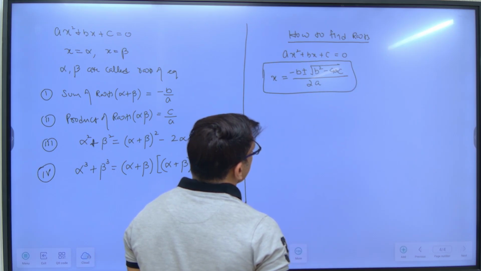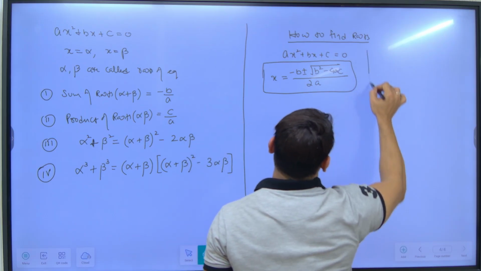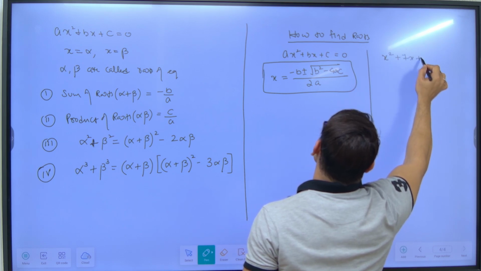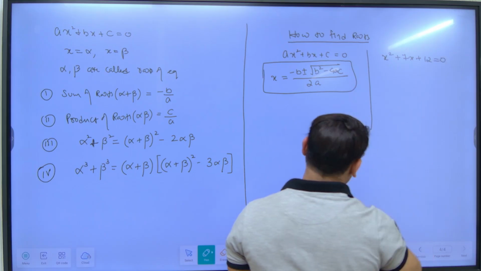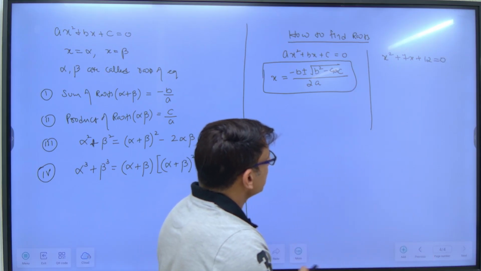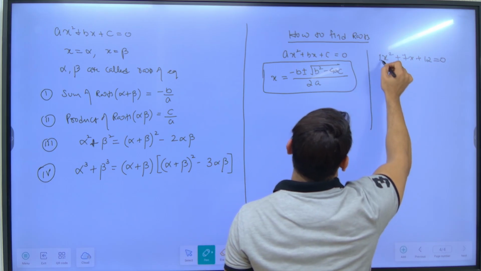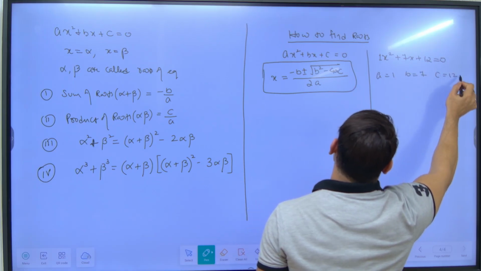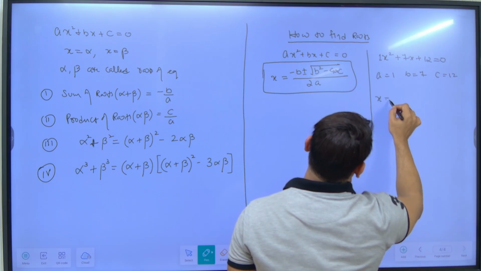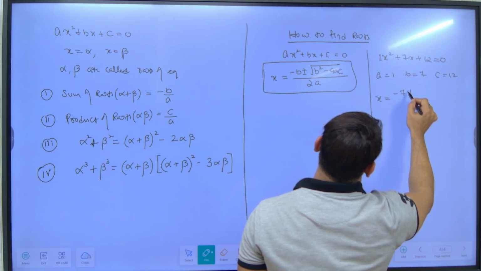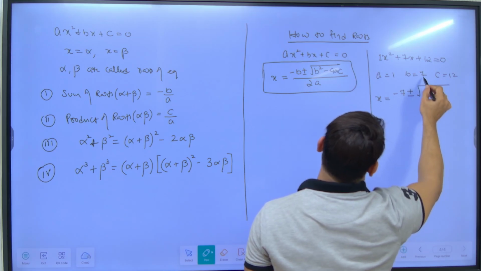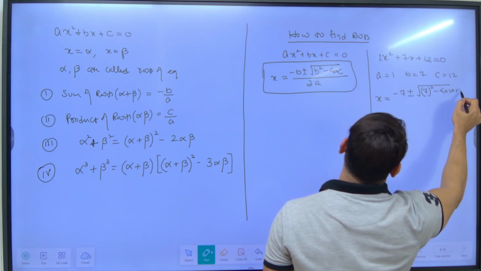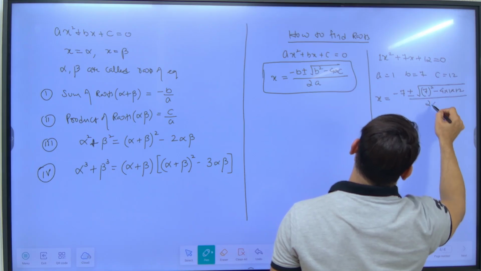For example, if you have an equation, let's say that same x square plus 7x plus 12, suppose we want to find the roots of this quadratic equation. The coefficient of x square is 1, so a is equal to 1, b is equal to 7, c is equal to 12. So x is equal to minus 7 plus minus under root of 7 square minus 4 into 1 into 12, divided by 2 into 1.